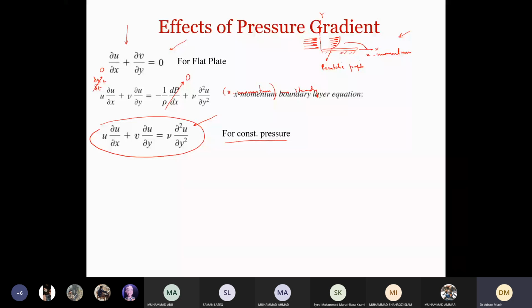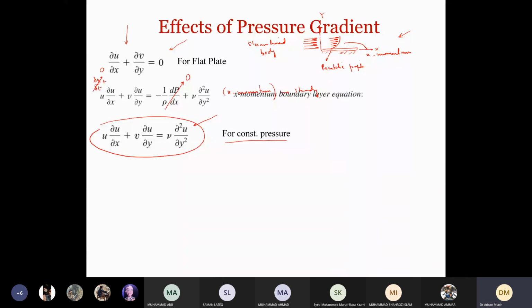Now we considered two cases. This was one of the cases that we considered for a flat plate. This type of orientation of the plate, where it is kept parallel to the incoming flow, is called a streamlined configuration or streamlined body.